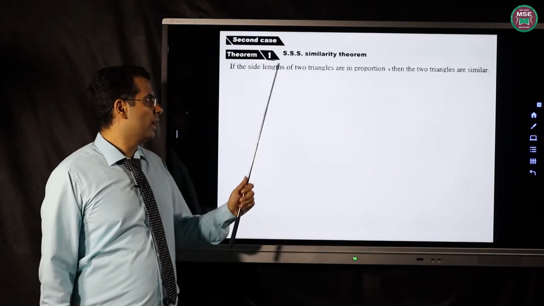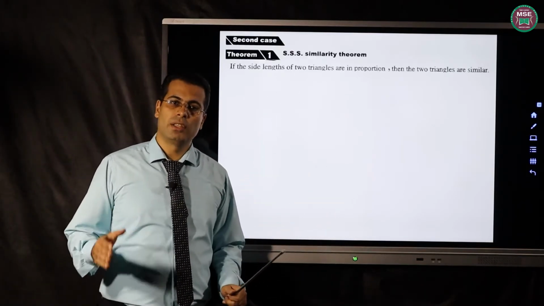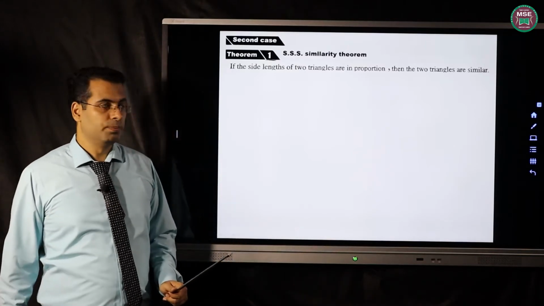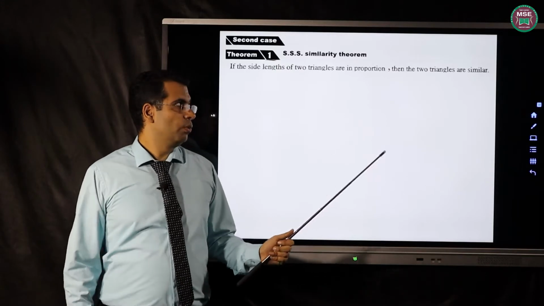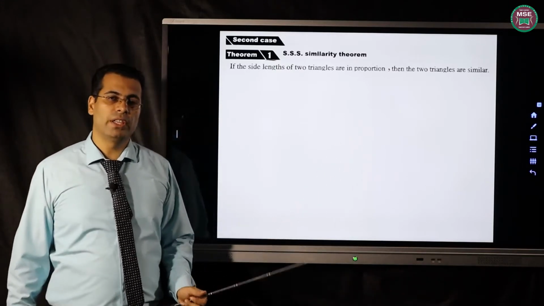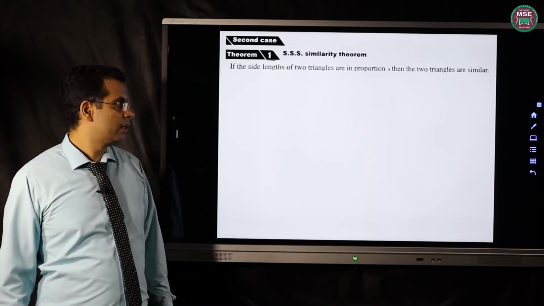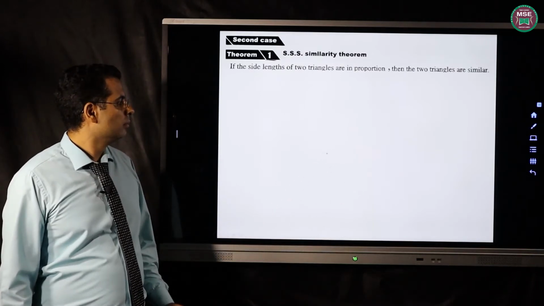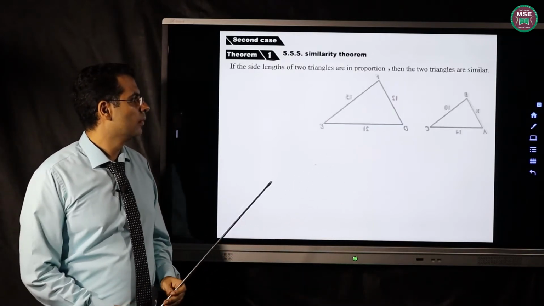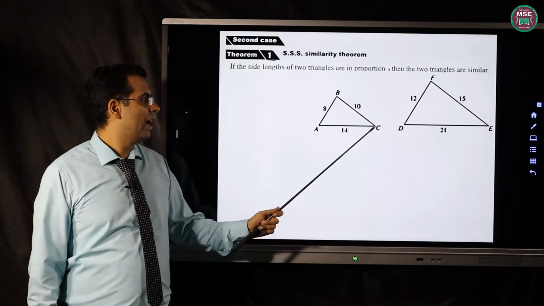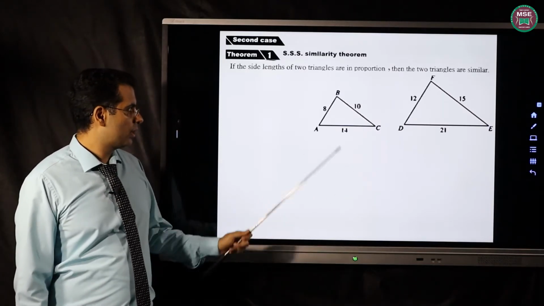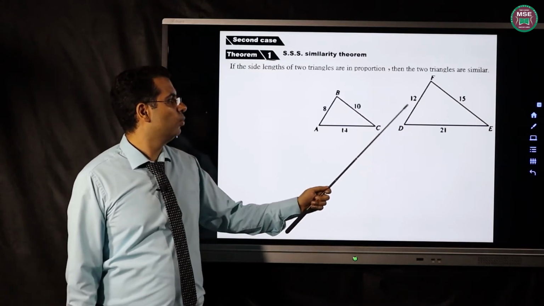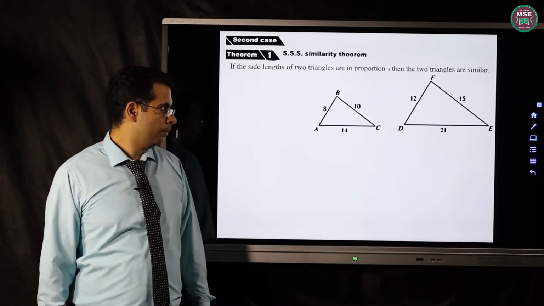Case number 2, SSS, side. Two sides is not enough. If the sides of a triangle are proportional with the corresponding sides of another triangle, then the two triangles are similar. As we see, we have two triangles ABC and DFE with sides 8, 10, 14, and 12, 15, 21.